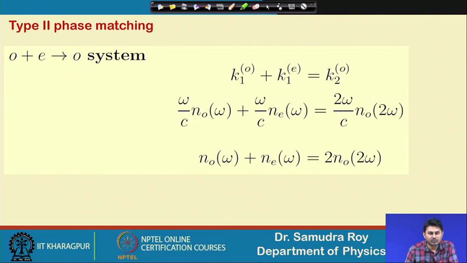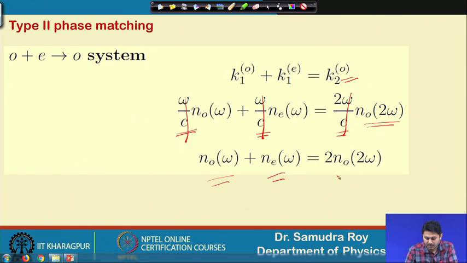Yeah, this is the system where we have one ordinary wave and one extraordinary wave that leads to one ordinary wave. So, again in terms of k we have the similar thing, the only thing that is changing here is O. So, at the end of the day we are generating the ordinary wave having 2 omega frequency. So, we have omega by c, 2 omega by c n of 2 omega, and in all the cases if I now cut omega by c, then we will have n of omega n e of 2 omega is equal to 2 of n o of 2 omega.